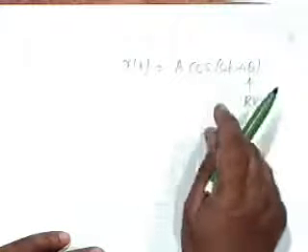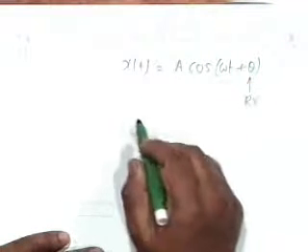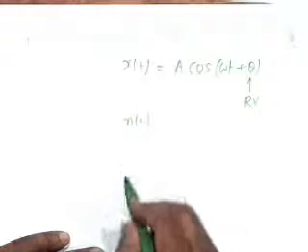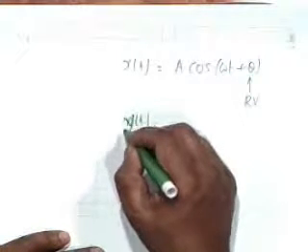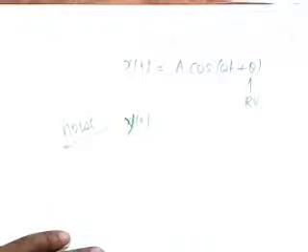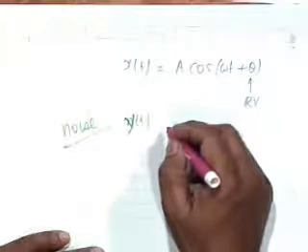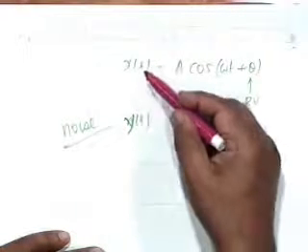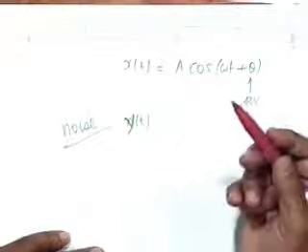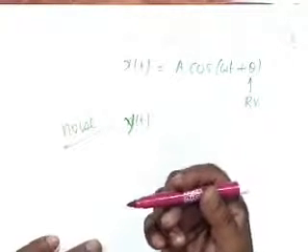In other words, x of t is a random process, and it is mixed with a noise y of t. Y of t is noise, and x of t and y of t are uncorrelated.